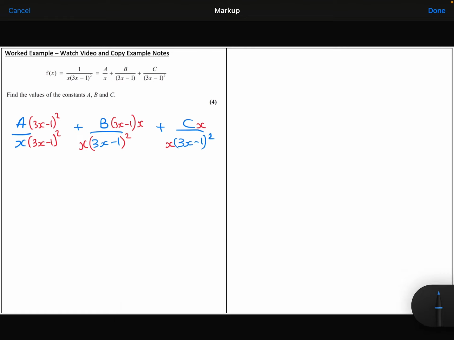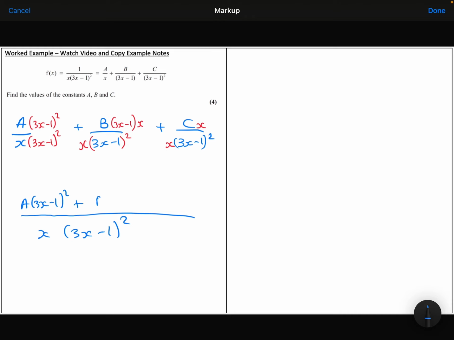I have now got a common denominator of x times 3x minus 1 squared. On my numerator, I will have a times 3x minus 1 squared plus b times x times 3x minus 1 plus c times x.